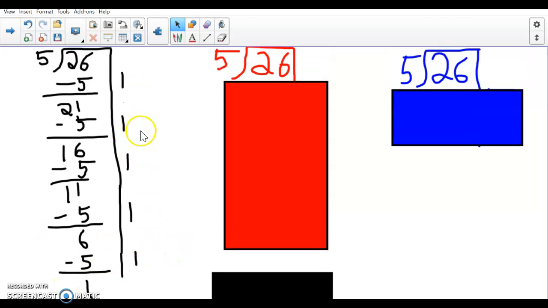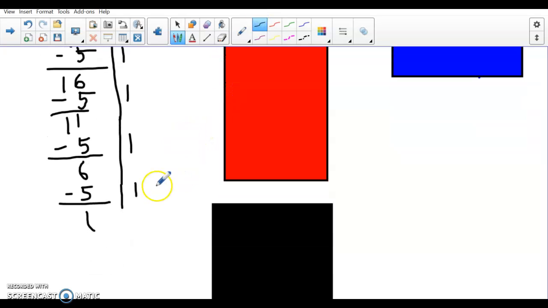On the side, we've kept track of all the groups of 5 that we have removed from our start of 26, right? So here's a group of Skittles, here's a group of Skittles, here's a group of Skittles, here's a group of Skittles, and here's a group of Skittles. We can use this every single time if we want. What we need to do, though, is add up all the groups we pulled out.